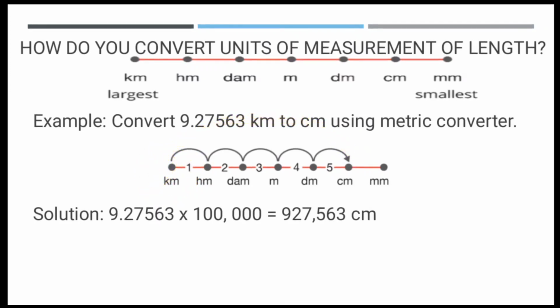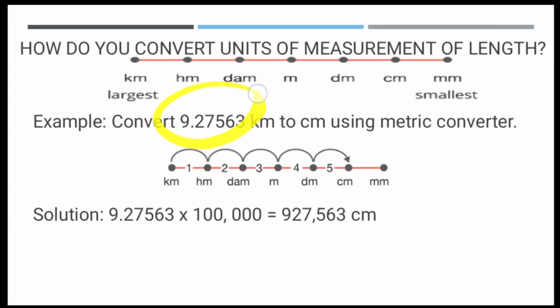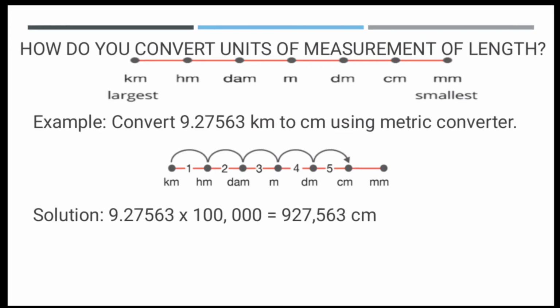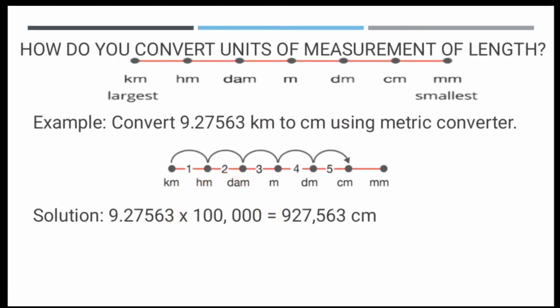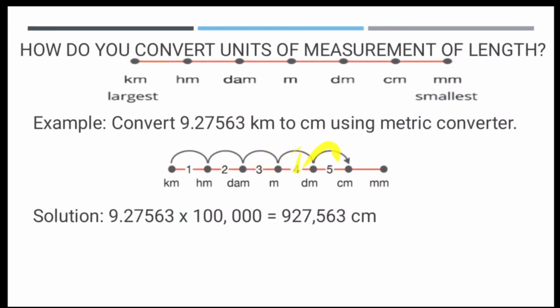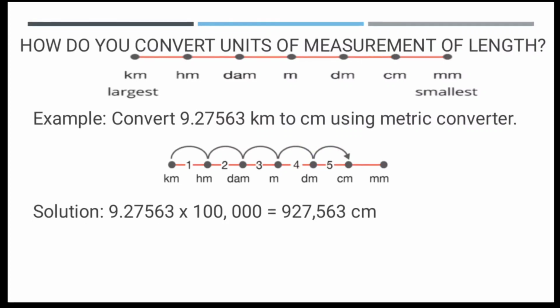Therefore, we have to multiply this given kilometers by 100,000 because 100,000 has 5 zeros. Okay, so 1, 2, 3, 4, 5. It means that we have to multiply it by 100,000.